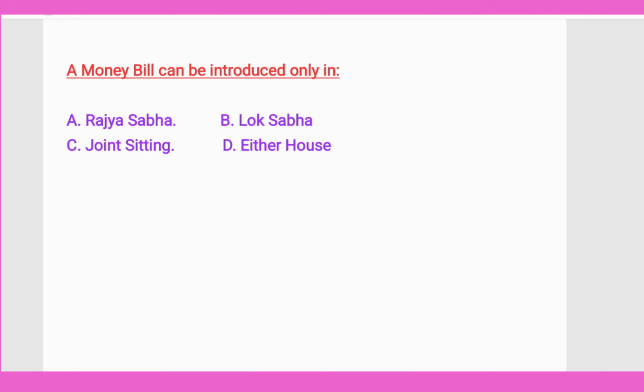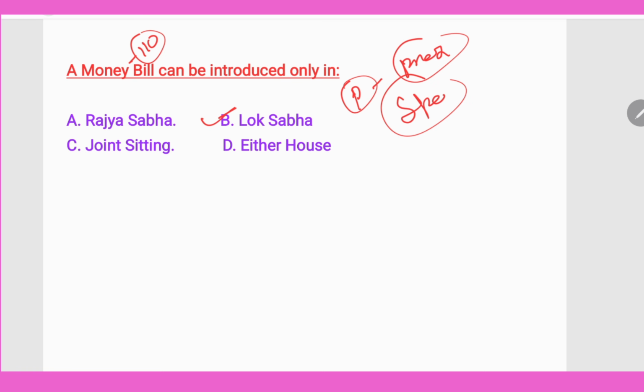Next question is a money bill. Money bill says about Article 110. Remember, the money bill can be introduced only in Lok Sabha, but with the prior permission of the president. But the speaker decides whether a bill is a money bill or not.